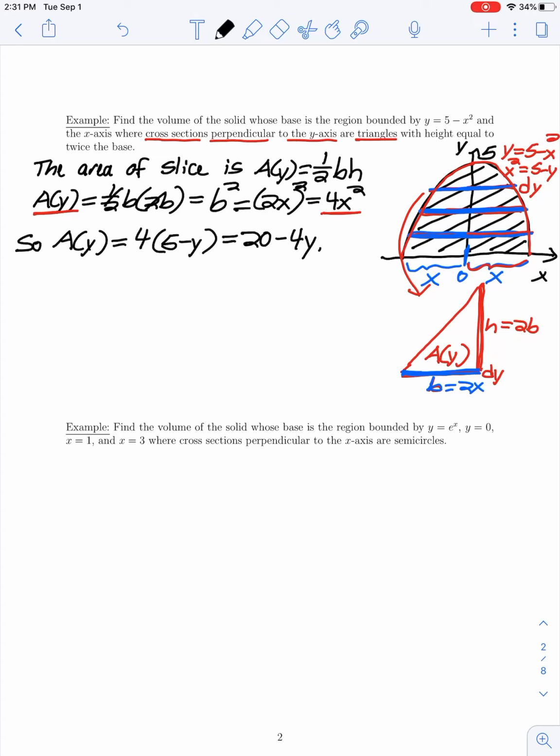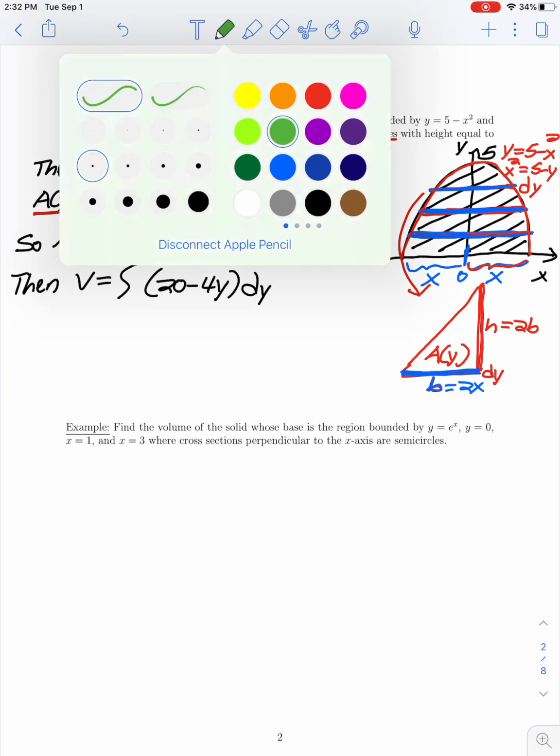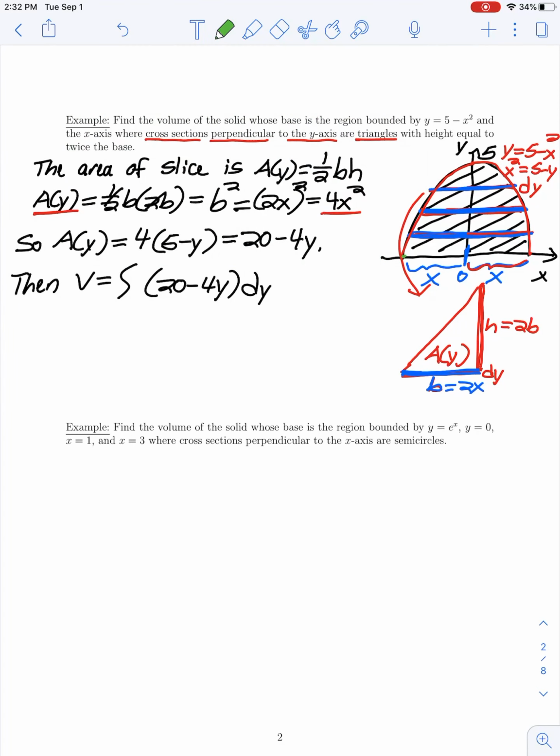So our method of slicing says that the volume of this solid is then found by integrating that area function, which is 20 minus 4y, with respect to y here, since we were slicing along the y-axis. And we would integrate, let's see, from where to where. Our first slice at one edge of our solid would correspond to y equals 0, or the x-axis.